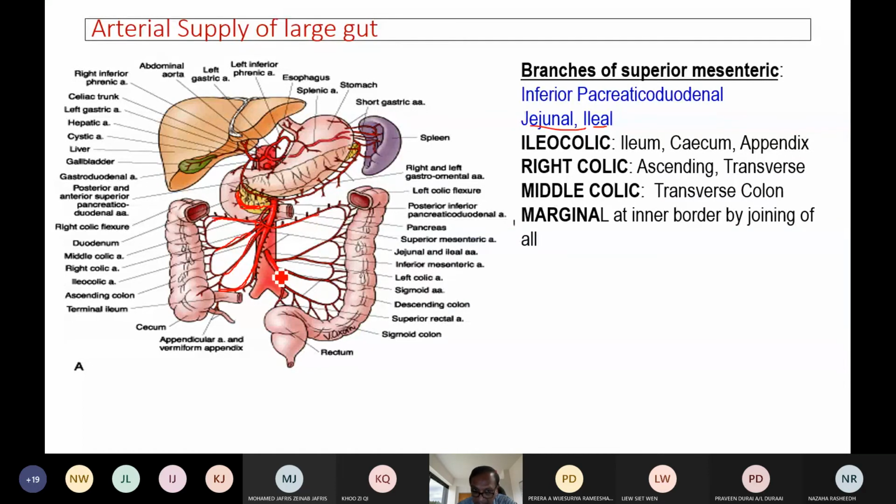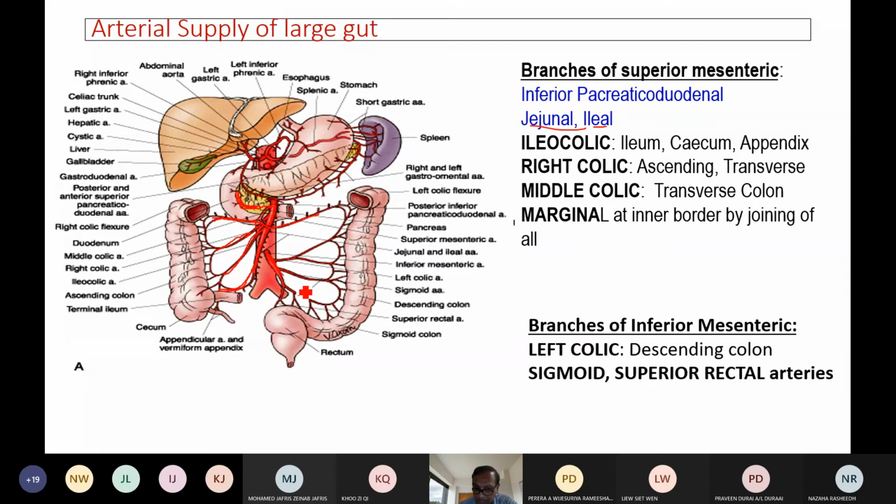After this is the artery of the hindgut. So the artery of the hindgut is the inferior mesenteric, which is giving first here the left colic. So left colic is joining with the middle colic here, and artery of foregut and midgut joining here. So this principally supplies the left colic flexure and descending colon.